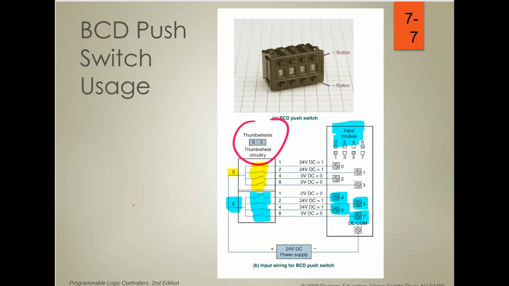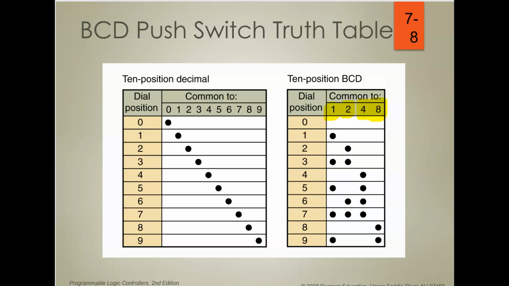So these are those 4 switches, and they do have different weight. We have the least significant bit, and here we have the most significant bit. So the weight of each switch is basically different. Now these 4 switches need to be wired into the terminal of our input module, and then based on the condition of those switches, we can tell PLC input terminal what is the value that we are looking at.